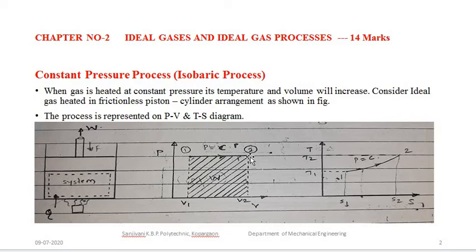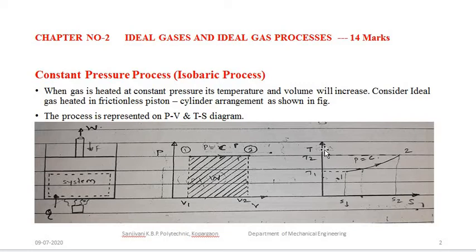Now we measure the different properties again, and we plot this state point 2 on the PV diagram, and we see that we get a horizontal line between state points 1 and 2. So that is the constant pressure heat addition process. This arrow represents the direction of the process from state point 1 to state point 2.